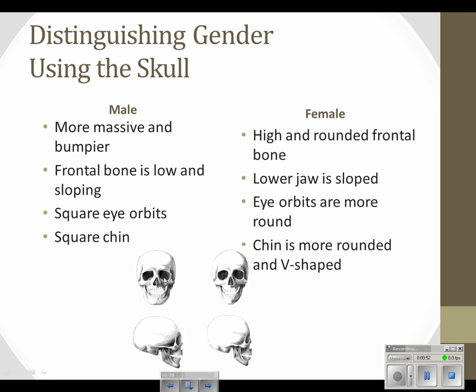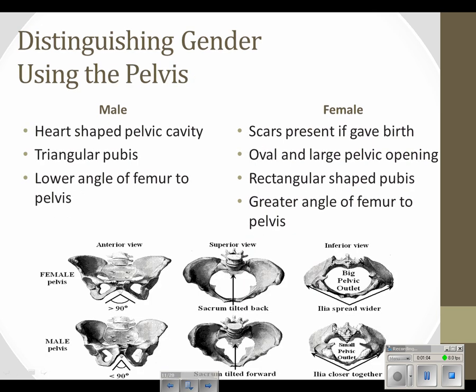Then we can look at the eye orbits, and the male eye orbits are more square. They're not going to be perfect squares, but you can see that they're a little bit more square than the female eye orbits, which tend to be more rounded. Then we can use the pelvis, and this is multiple bones put together, but it's the best to figure out gender, because the male has a distinguished heart-shaped cavity, if you look down here in this middle picture, and it's narrower than the female.